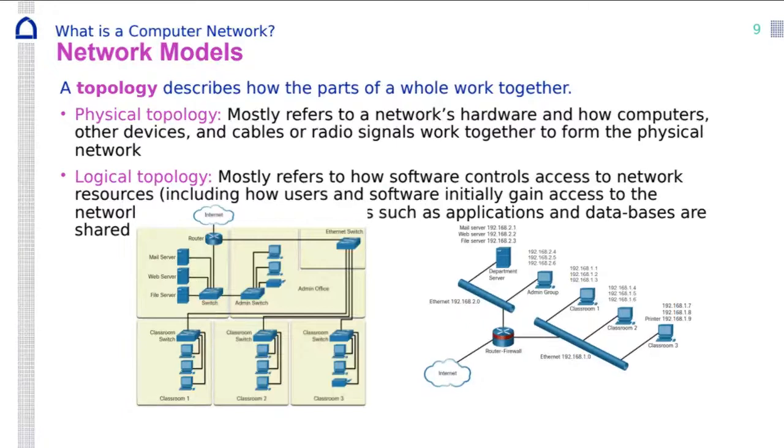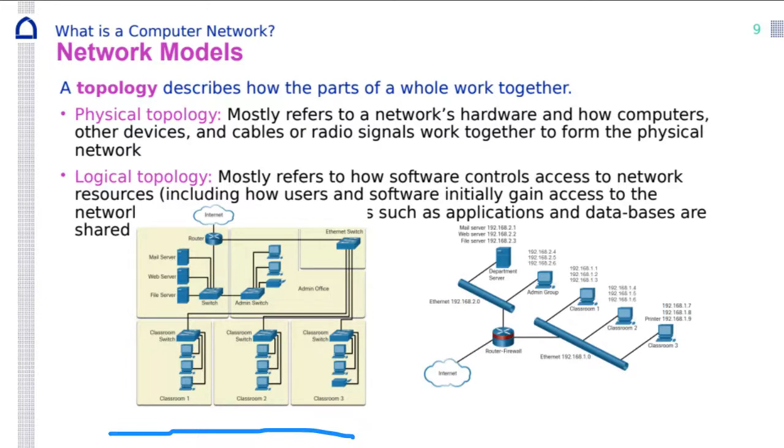When you describe your network topology, we have two types. We have a physical topology, which is this one here on the left side. It's called physical because it refers to the network's hardware and how computers, other devices, and cables or radio signals work together to form the physical network.